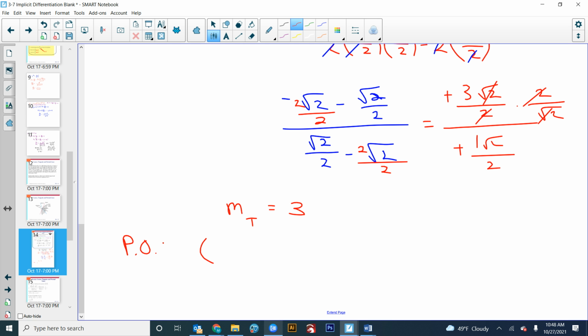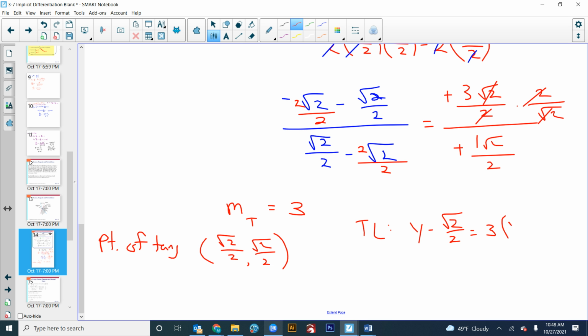All right, what's my point of tangent C? Point of tangent C is radical 2 over 2, radical 2 over 2. Tangent line: y minus radical 2 over 2 equals 3 times x minus radical 2 over 2.